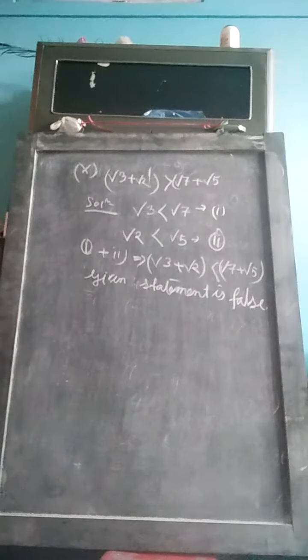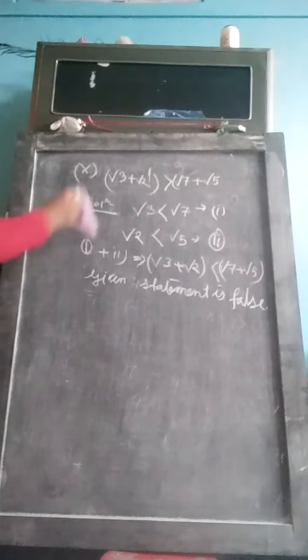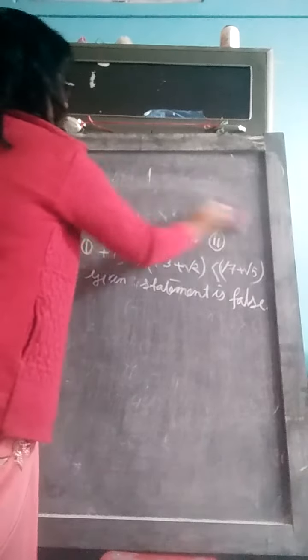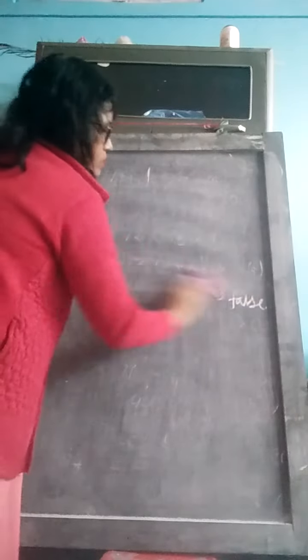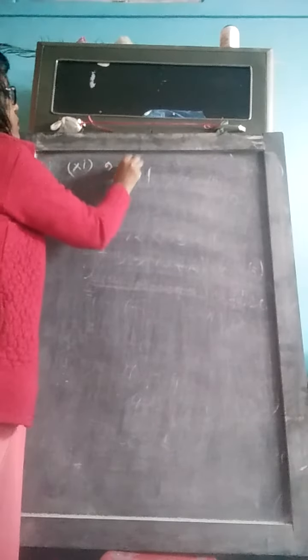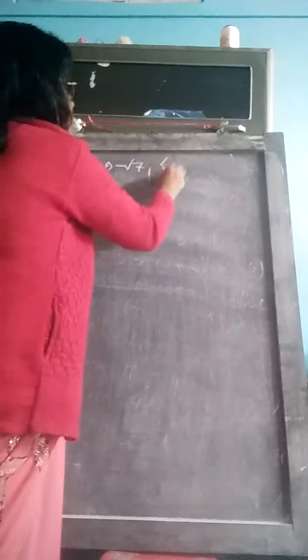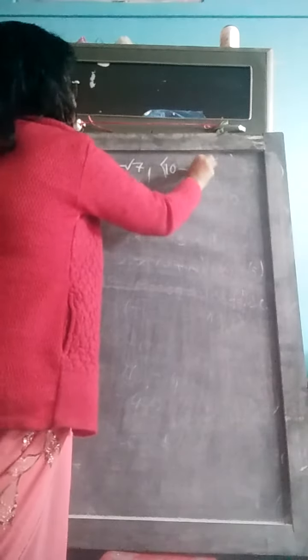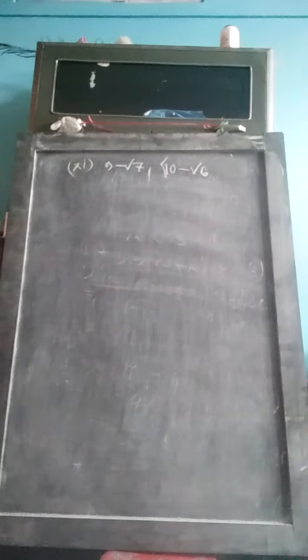Then see question number 11. Minus root 7 is less than 3 minus root 6.